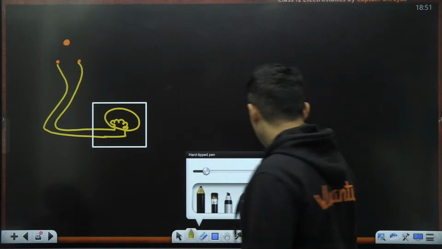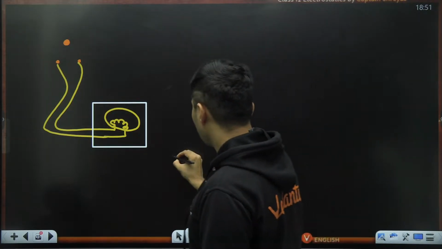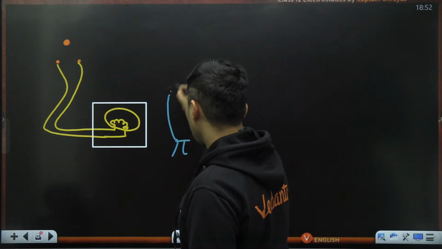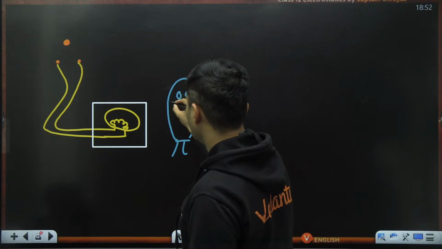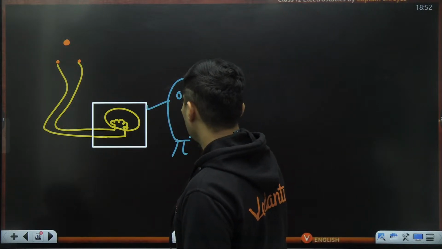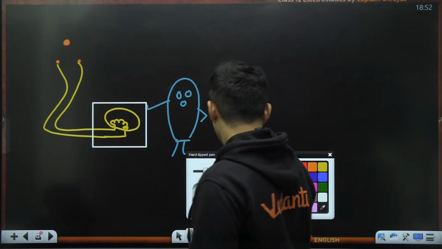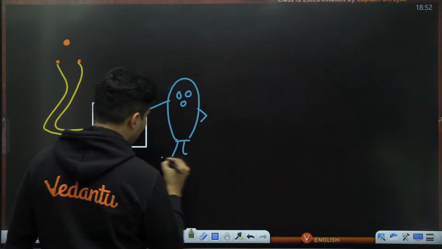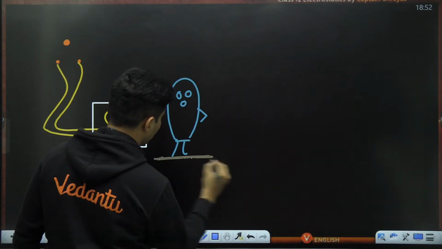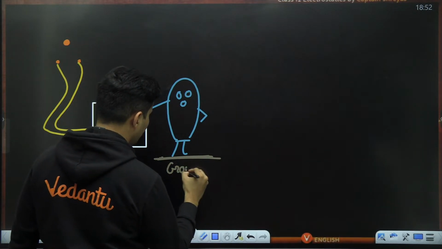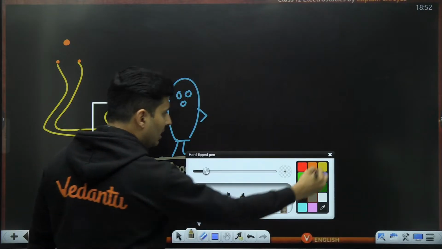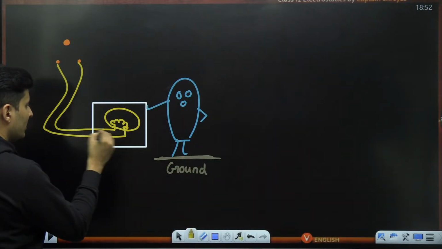And imagine some Pandu accidentally touches that casing, and this Pandu is standing on earth, on the ground, and maybe this wire inside was loose.